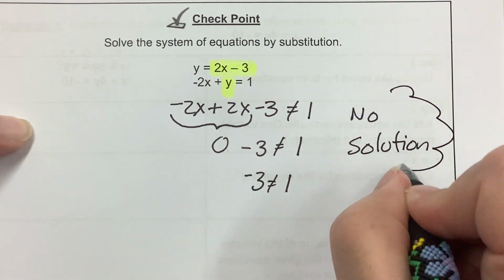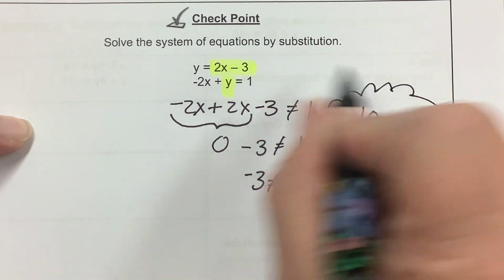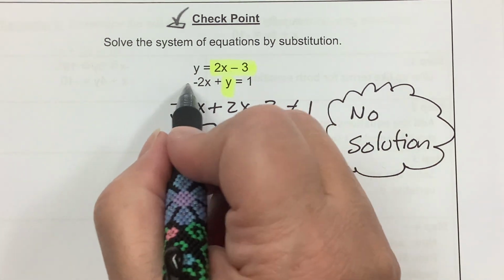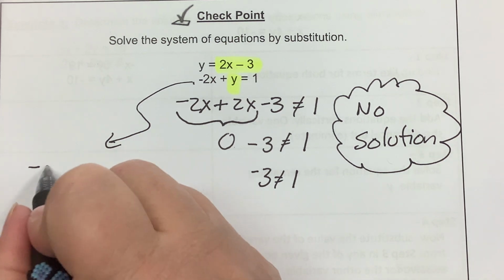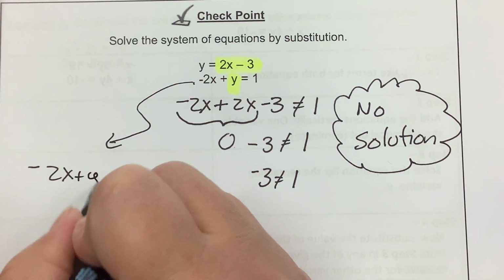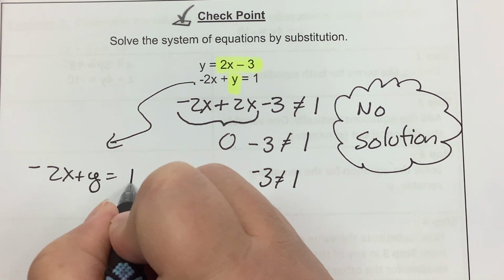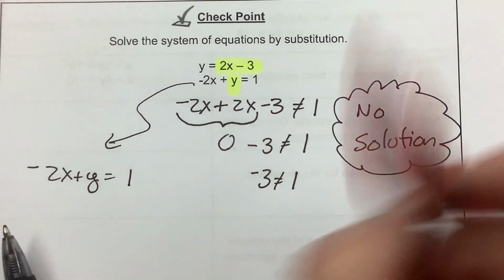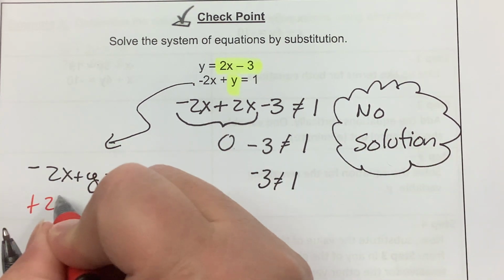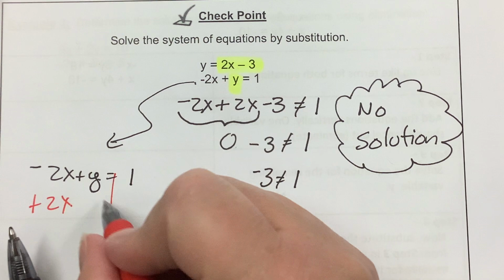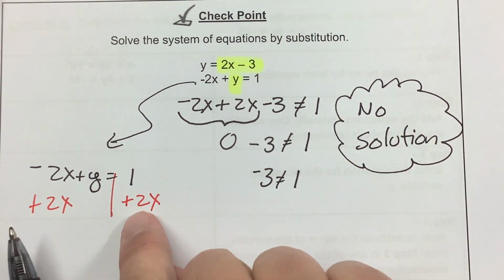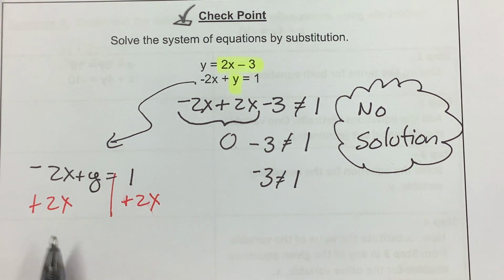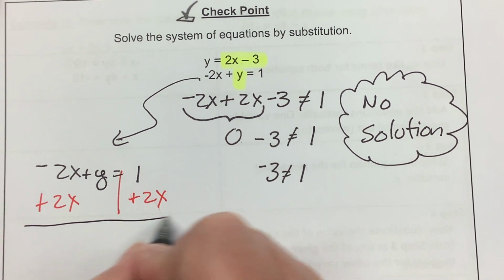How can I check that? Well, I'm going to take this one, and I'm going to come over here. Negative 2x plus y equals 1. I'm going to add 2x to both sides of the equal sign to get it away from the y. Remember, these are unlike terms. You cannot combine unlike terms.